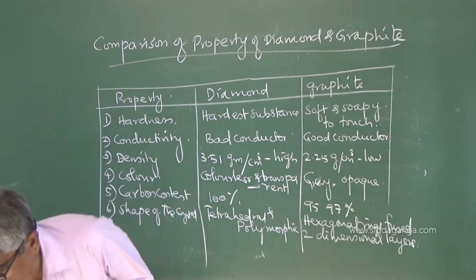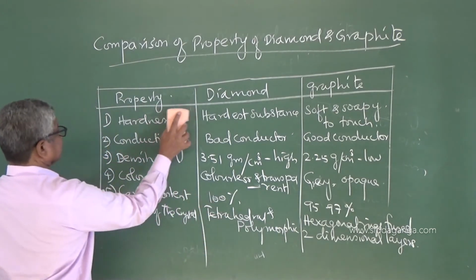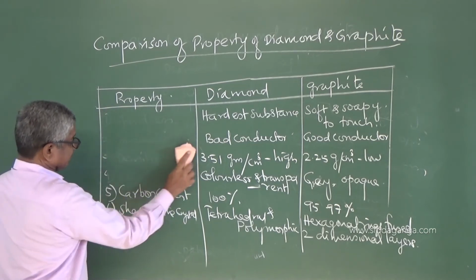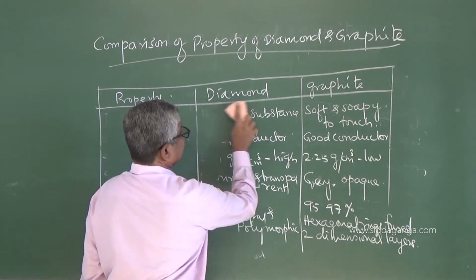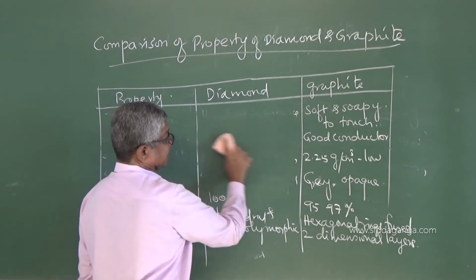Still, some more are there. I'll remove this on the top, then I'll continue with the properties of diamond and graphite.